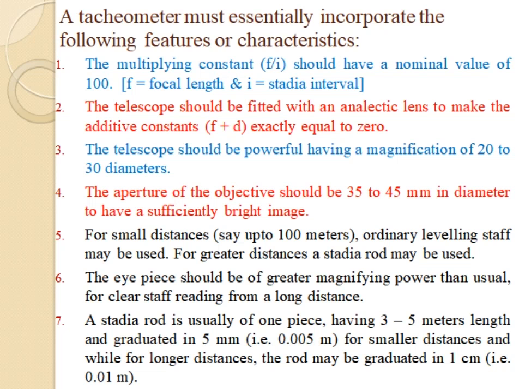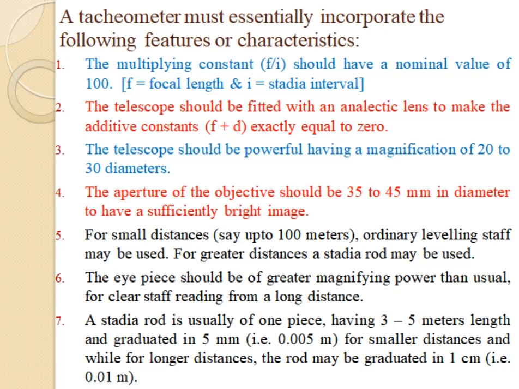For greater distance, a stadia rod may be used. The stadia rod is nothing but a type of leveling staff, where you can see the readings for the larger distance. The eyepiece should have greater magnifying power than usual for clear staff reading from a long distance.